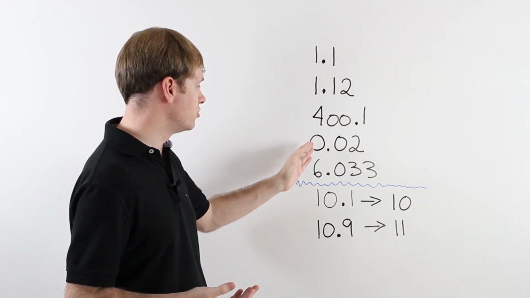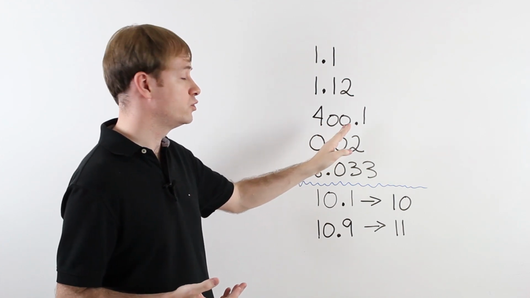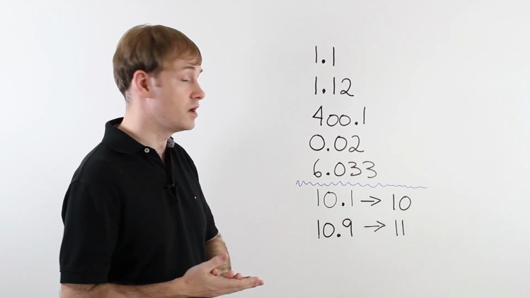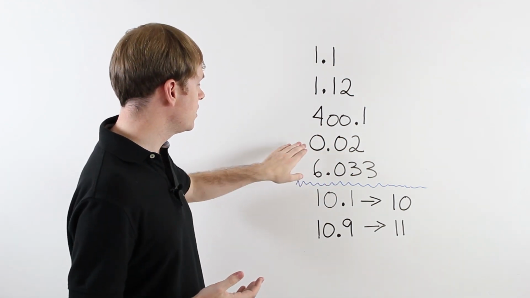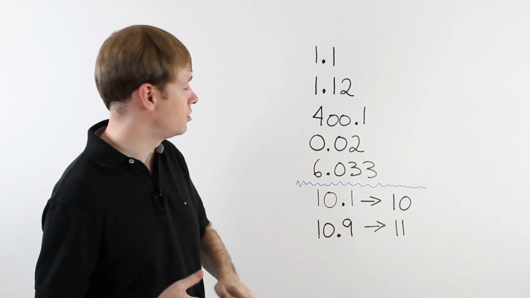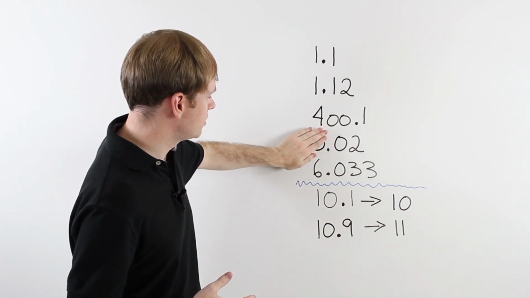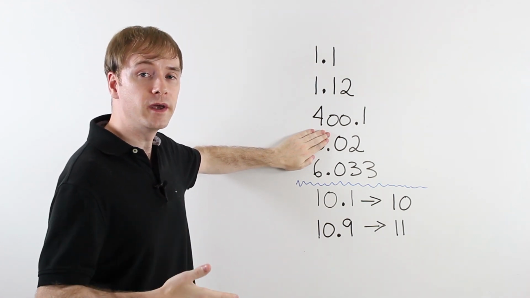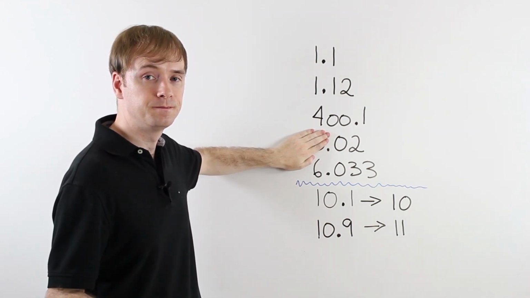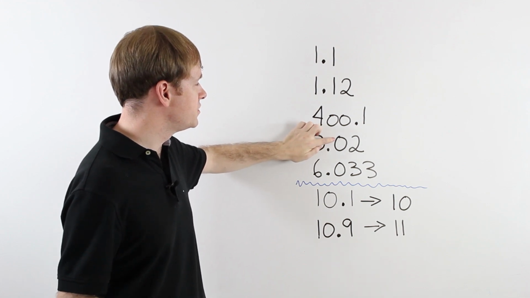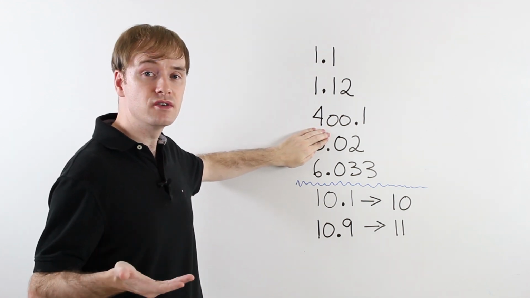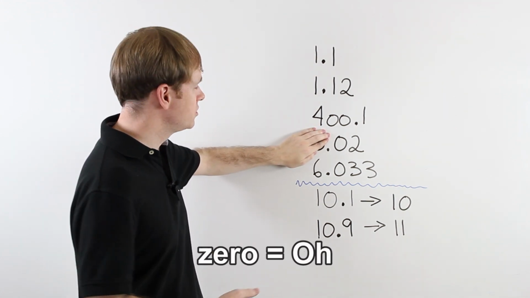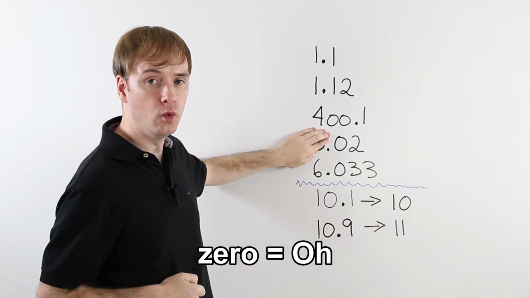You could say 0.02, or another common way, because it starts with a 0, we just start with the point. So some people say .02. Now remember, 0 can also be called O. So you could say O.02.